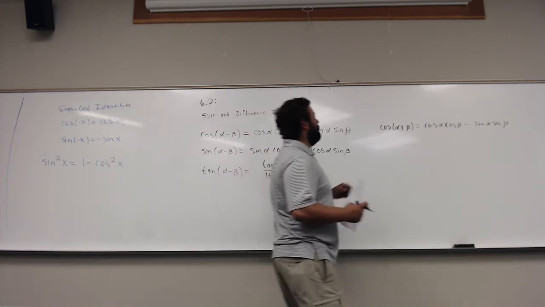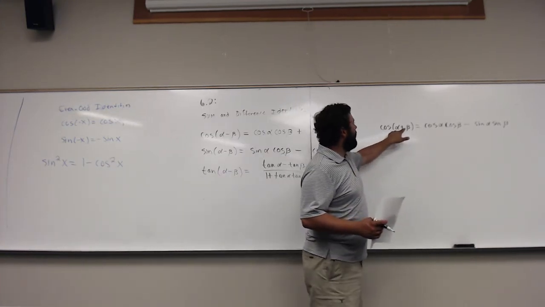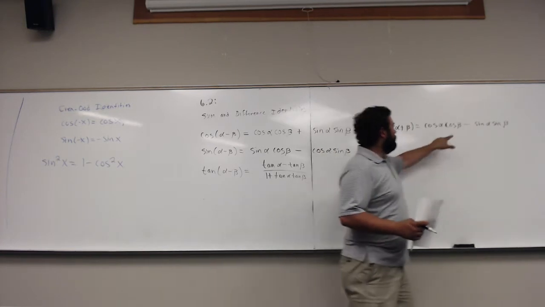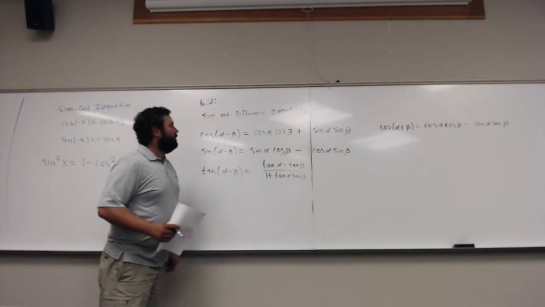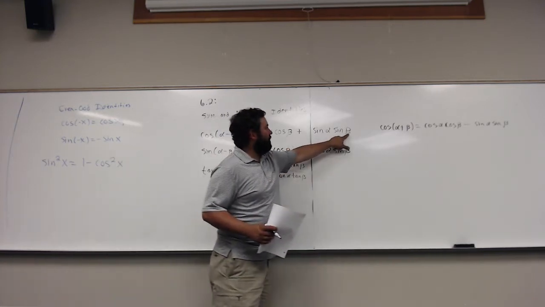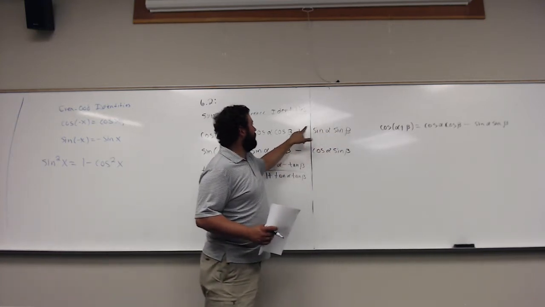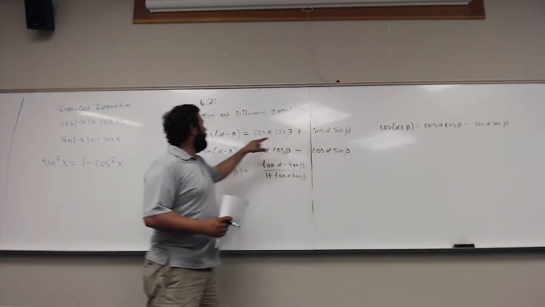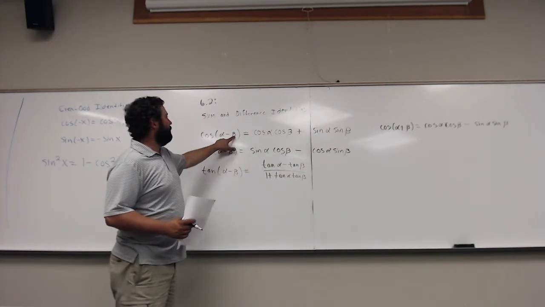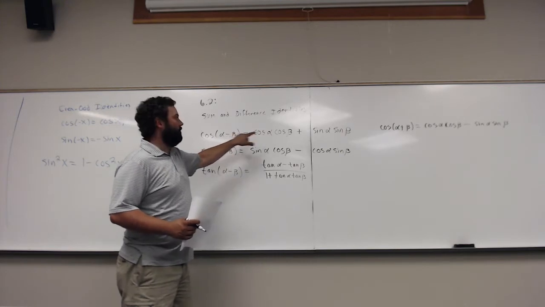I think this comes from just doing cosine of alpha minus negative beta. If I plugged the minus beta in, the minus sign would just come and change this to a minus. Okay, so this identity is just gotten from this identity by replacing beta with minus beta everywhere you see, and then simplifying.